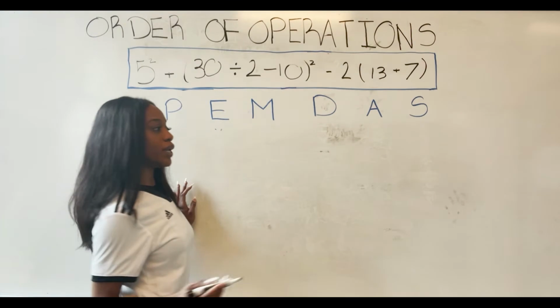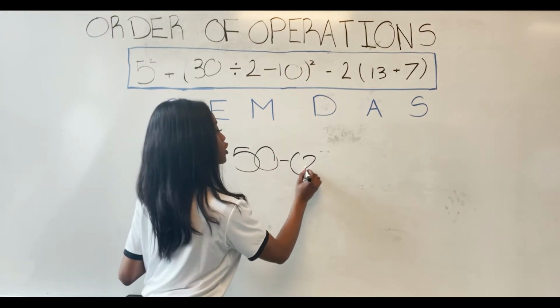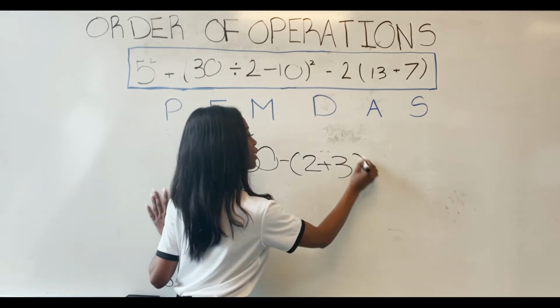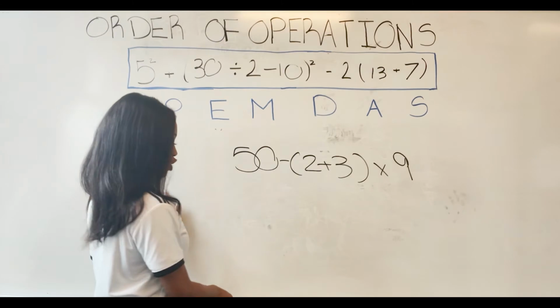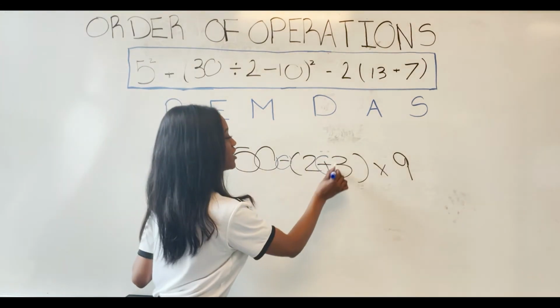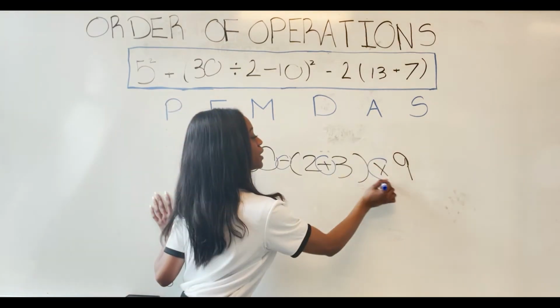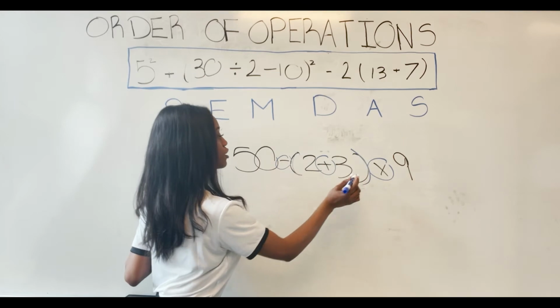So in our next example, we have 50 minus 2 plus 3 times 9. So we have subtraction, we have addition, multiplication, and then also don't forget we have parentheses.